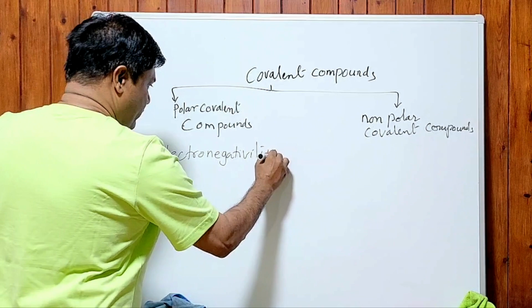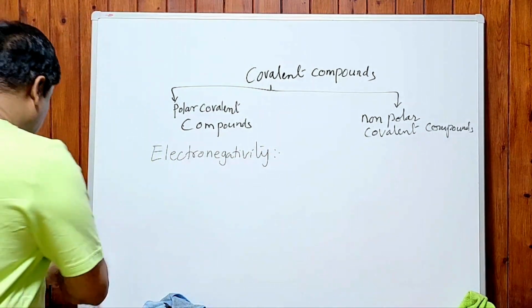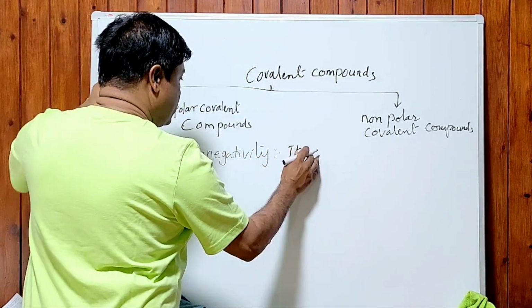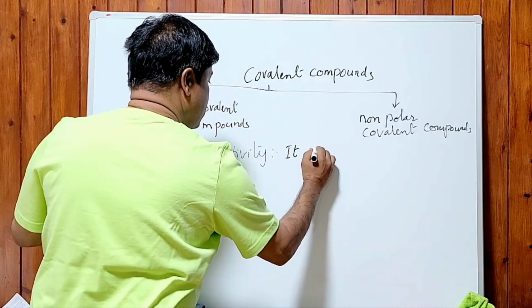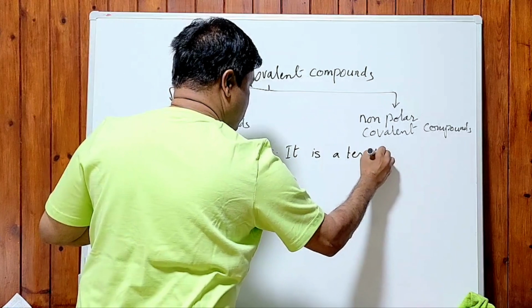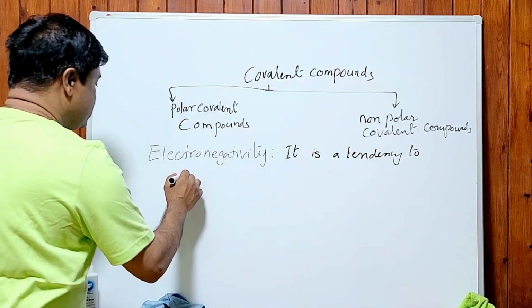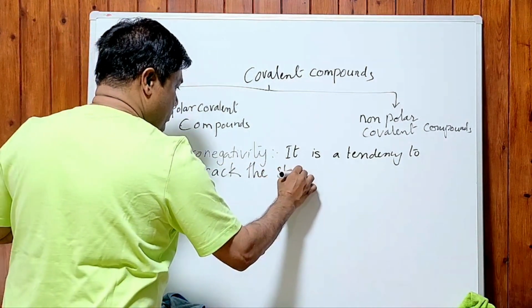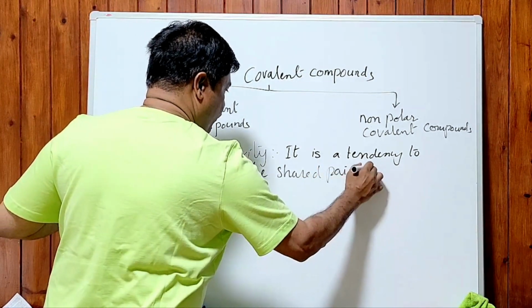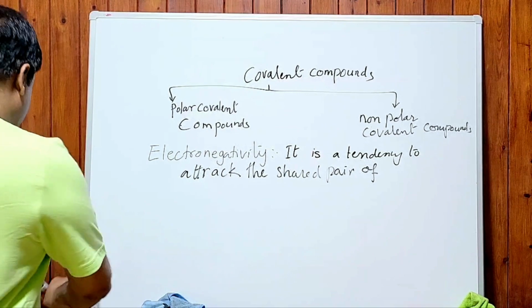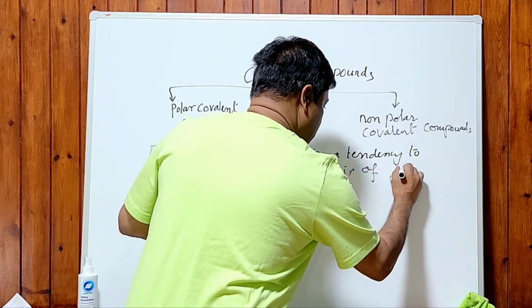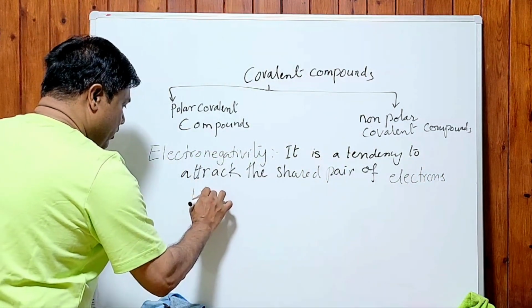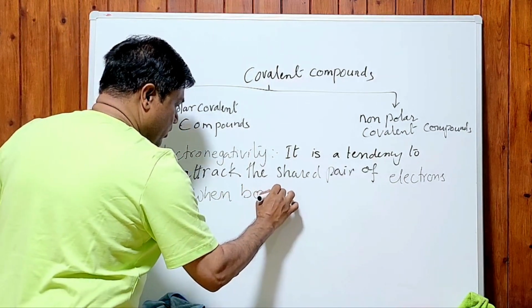Electronegativity is the tendency, or the ability, to attract the shared pair of electrons when bonded covalently.